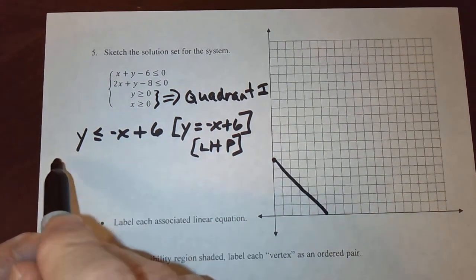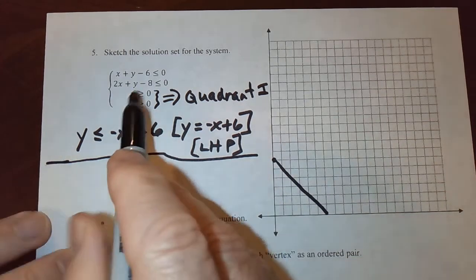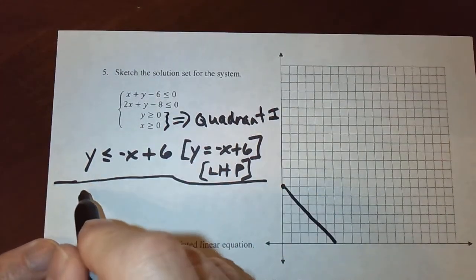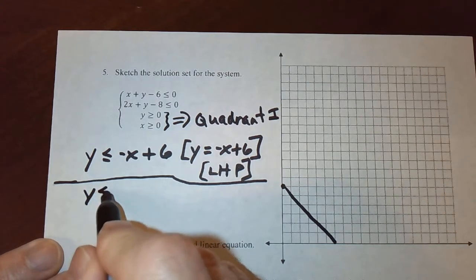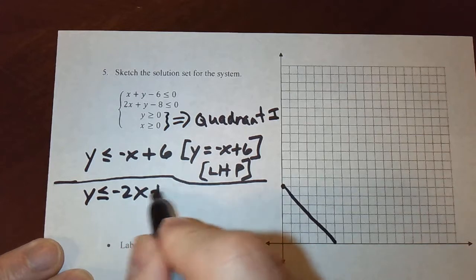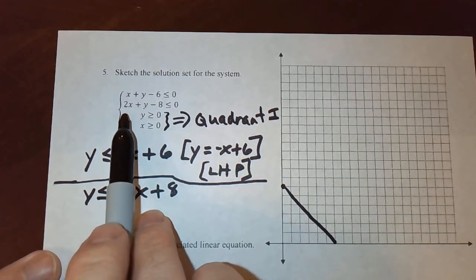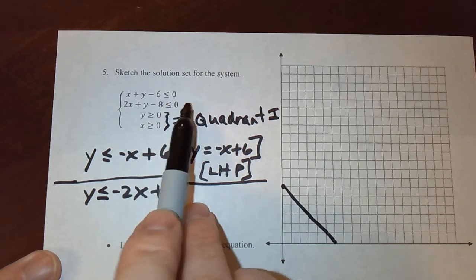Well, the second inequality could be written as y less or equal negative 2x plus 8. All I did is subtract 2x from both sides and added 8 to both sides.